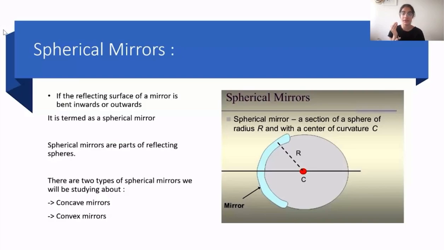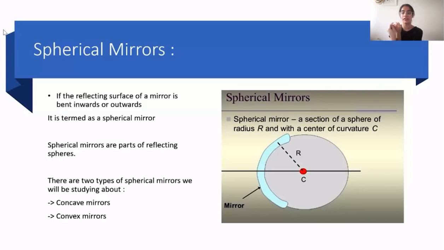Now in a convex mirror, the outer reflecting surface will act as the reflecting surface. Whenever you place an object, the rays from that object will fall on this outer surface and be reflected back. The inner surface will be covered with some kind of metal cover or polish or black surface so that no light can pass through in the opposite direction.